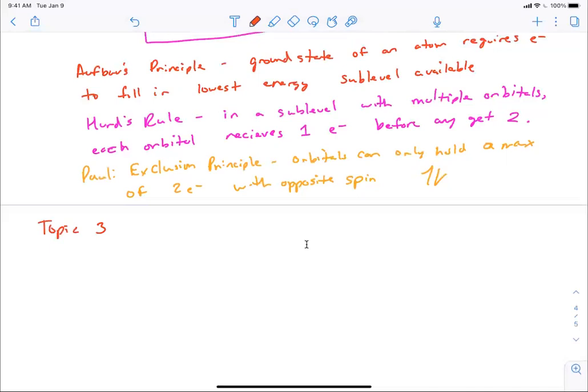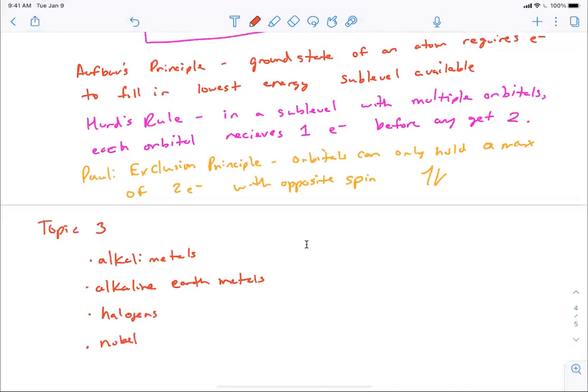But the terms that you definitely want to know about describing different groups are your alkali metals, your alkaline earth metals, your halogens, your noble gases, your transition metals, and your lanthanides and actinides series.